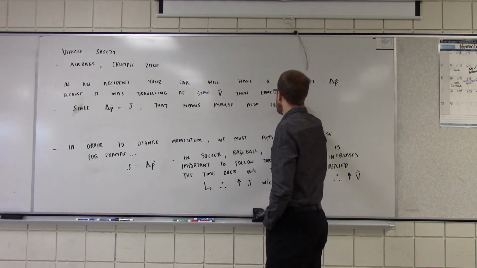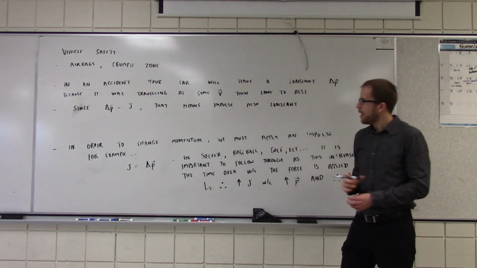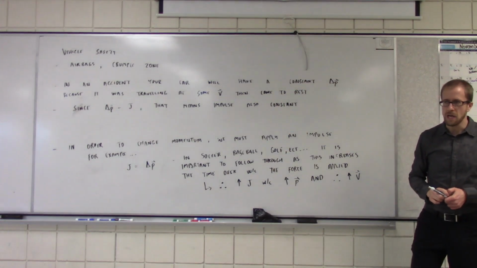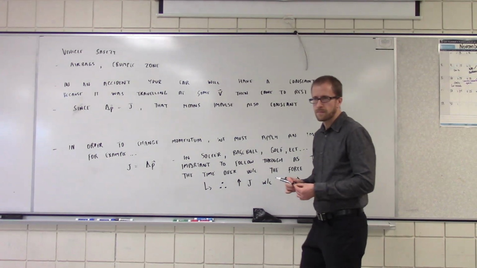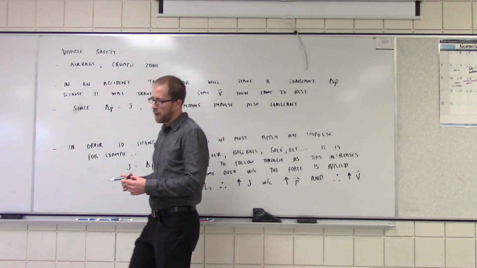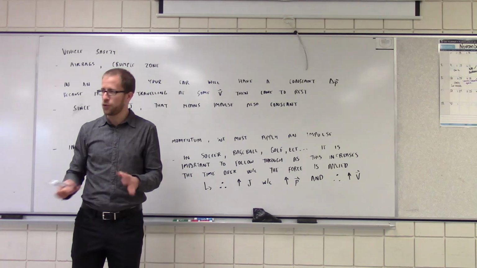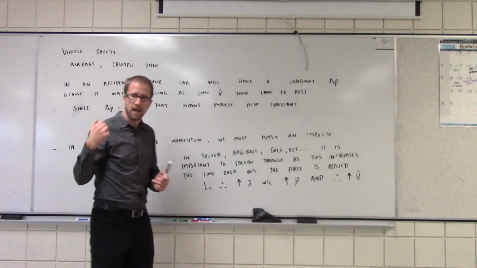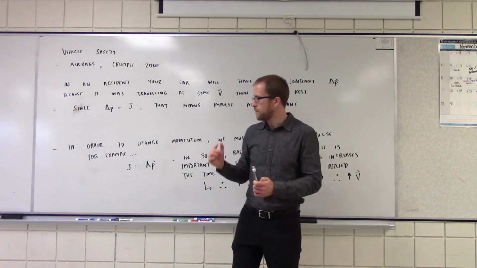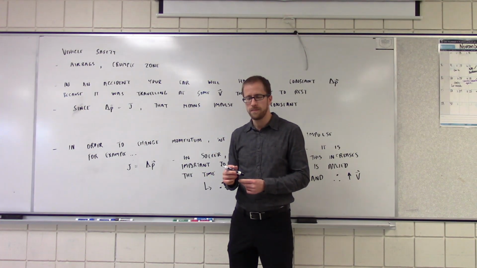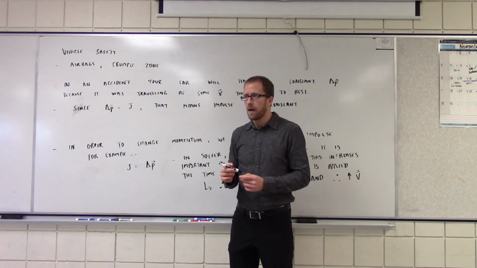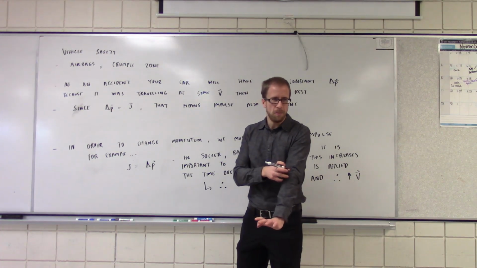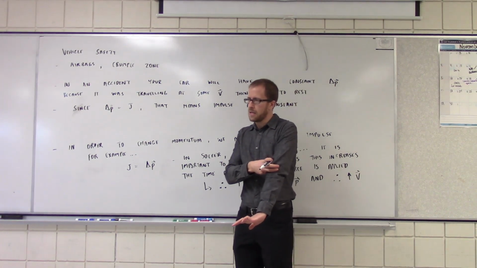So how is it then that airbags and crumple zones save your life? This is a fundamental question. It's going to for sure be on your unit test. The most common answer I get on the unit test is that they absorb all the force that's applied.